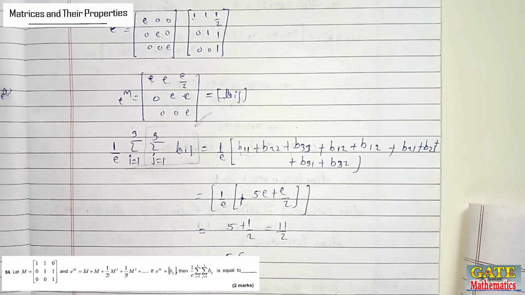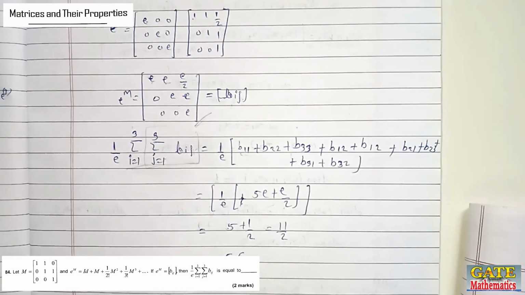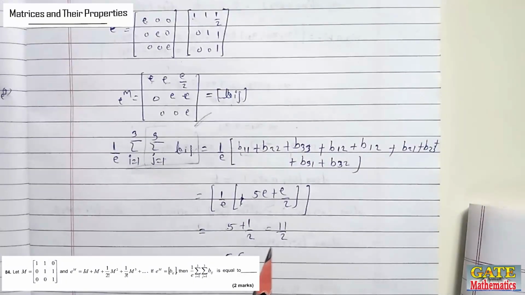I found the value for e raised to I, then I found the value for e raised to a. After getting these values, I got the value for e raised to m as bij, and after getting all these values, I substituted them here in our summation. And at the end I got the value for our summation, which is 5.5.